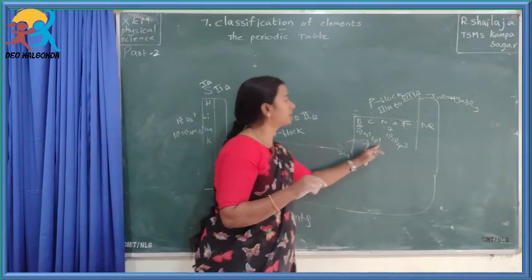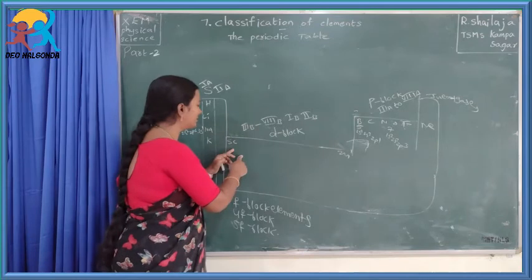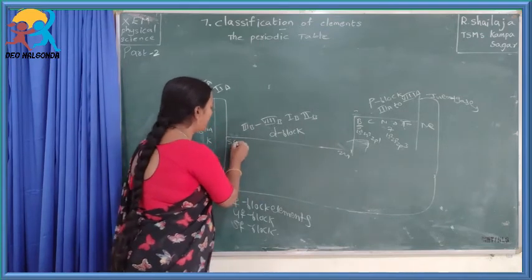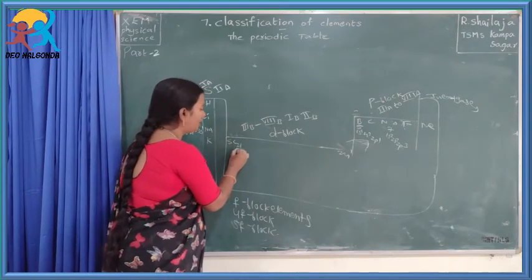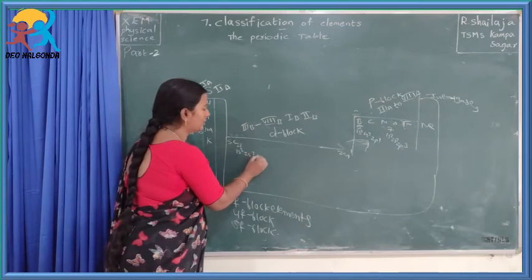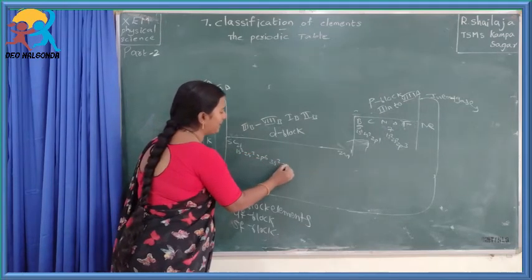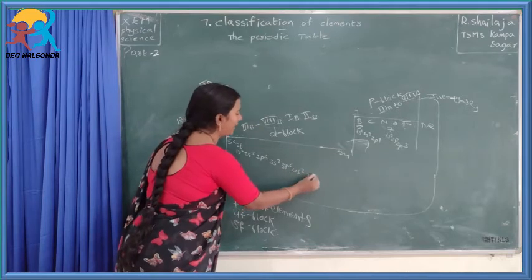Next, the D block elements. Scandium, 21: 1s2, 2s2, 2p6, 3s2, 3p6, 4s2, 3d1.